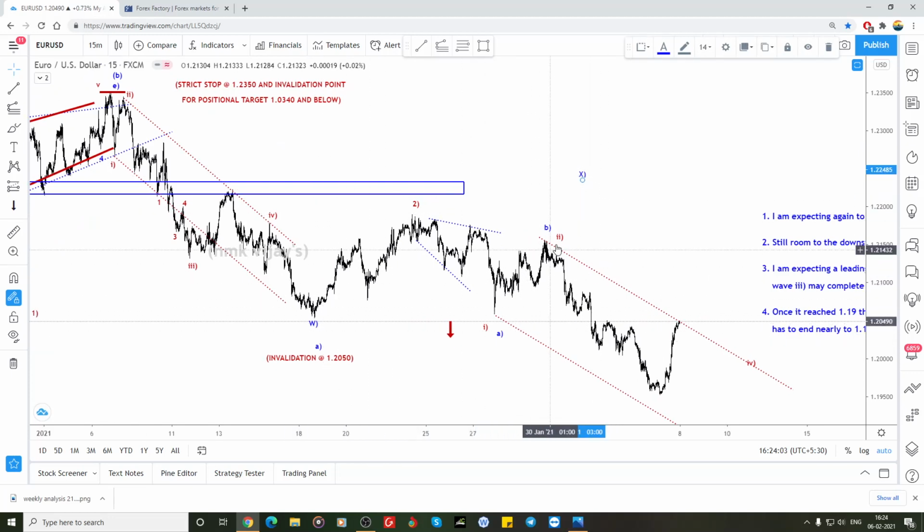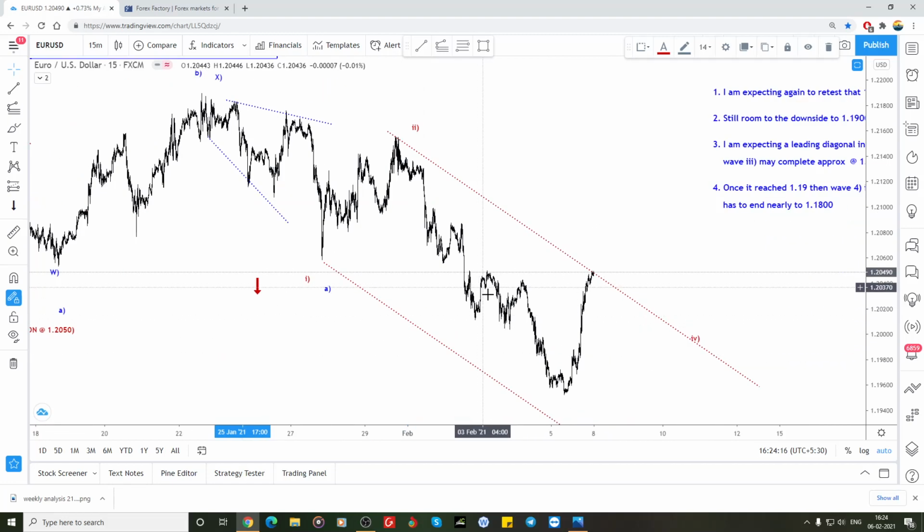Here is the B or AX. After that this is a 1 2 3 4 and 5.